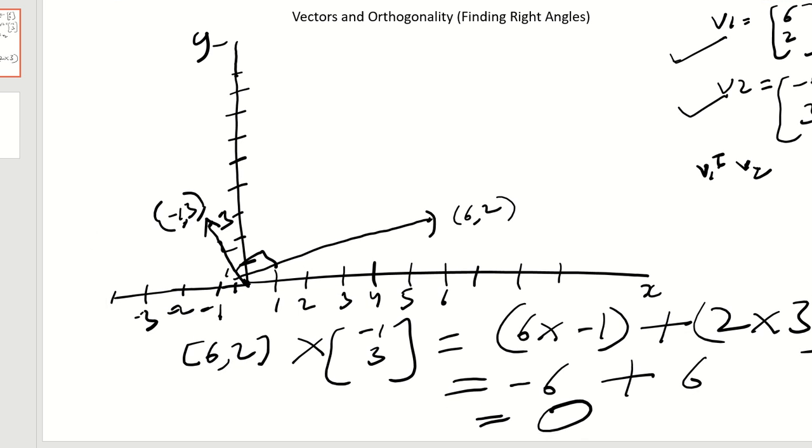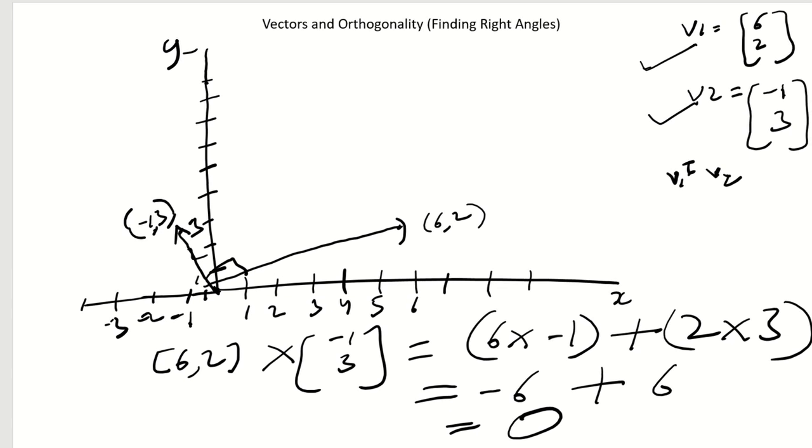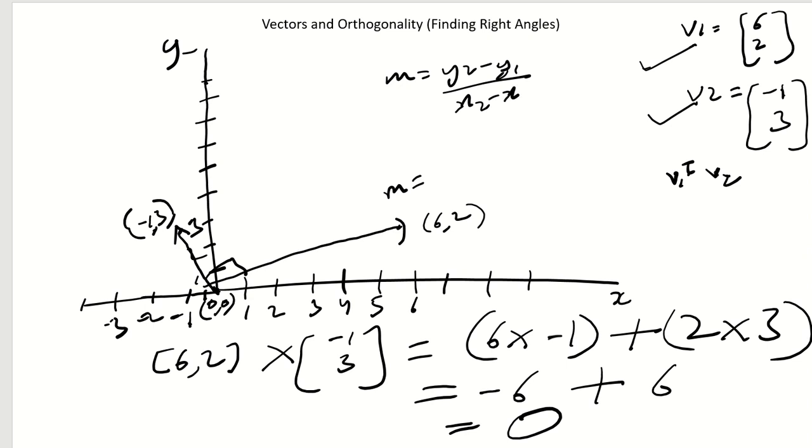So if we have to find the slope of this vector, the formula was y2 minus y1 over x2 minus x1.